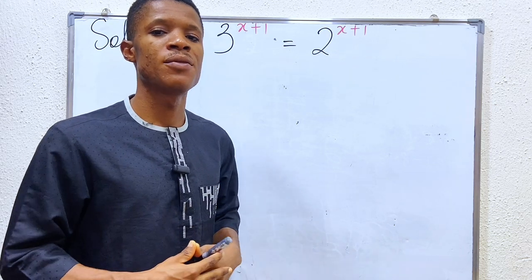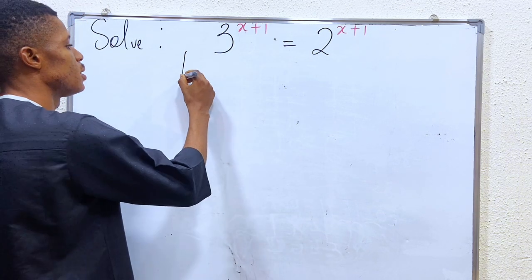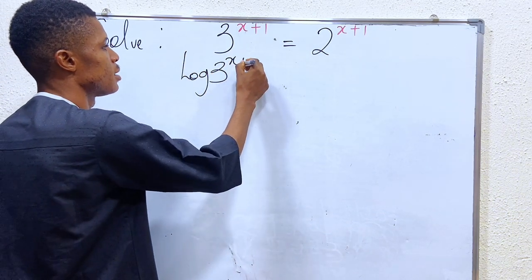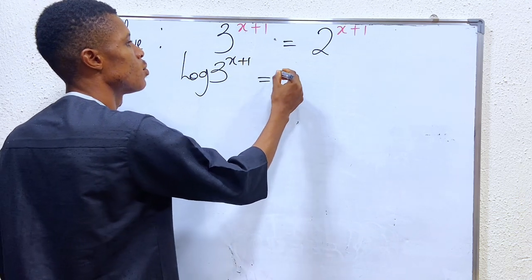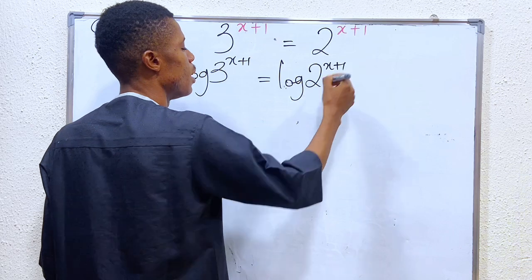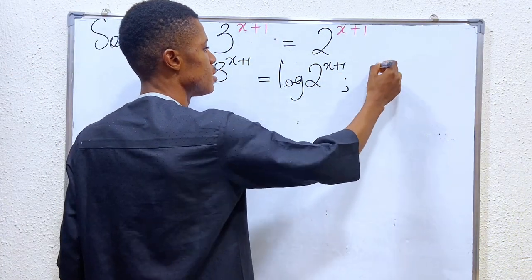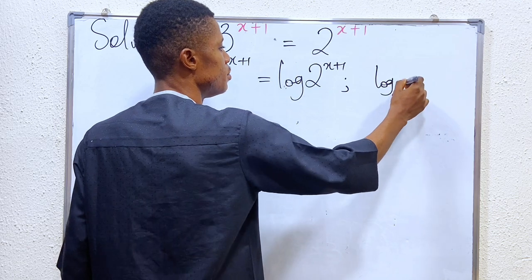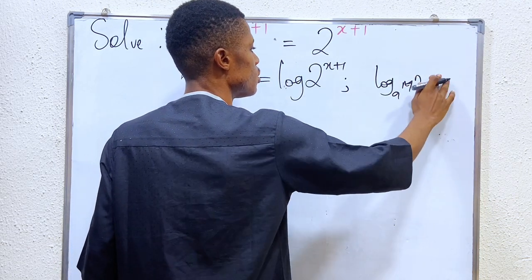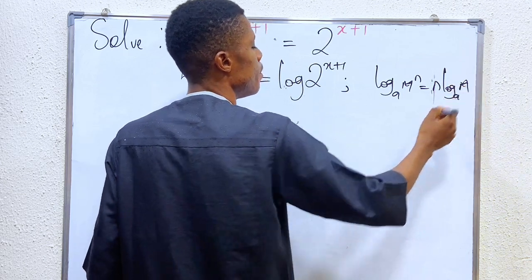So the first thing we have to do is to take the logarithm of both sides. If I take the logarithm of both sides, I have log 3^(x+1) = log 2^(x+1). Remember the law of logarithm, which says that log of n^m is m times log n.